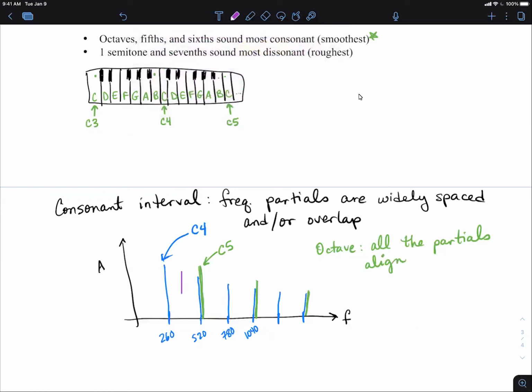So it would come in like here, and then twice that would lie here, halfway in between, and then it would line up. So that would be an example for G4. So for fifths, the partials also line up or are far away from each other, so that you don't get any roughness or beating from the critical bands of the basilar membrane.